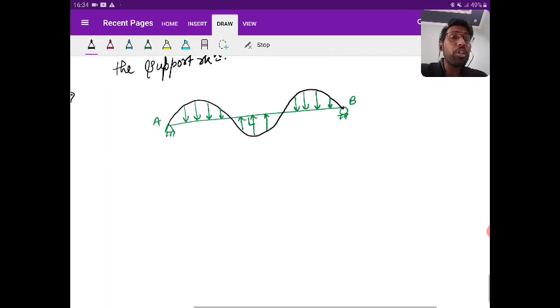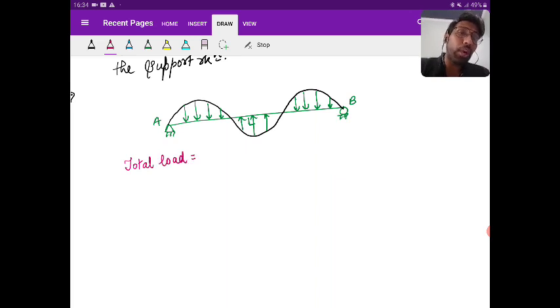Yes or no? So see here. First of all, I need to find total load. What is total load? Nothing but area under the load intensity diagram.